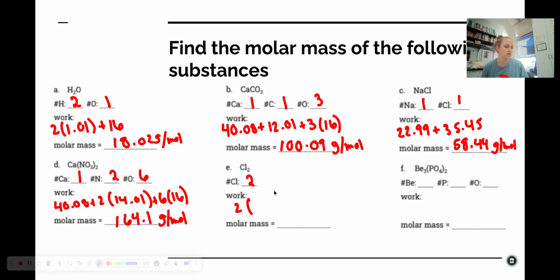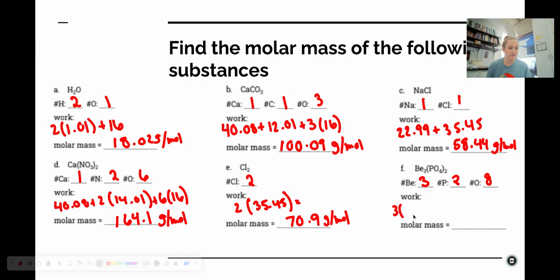Chloride, we've got 2 chlorines. We take 2 times my chlorine, which is 35.45, which gives me 70.9 grams per mole. And then my last one, I've got 3 beryllium, 2 phosphorus, and 8 oxygen in beryllium phosphate.